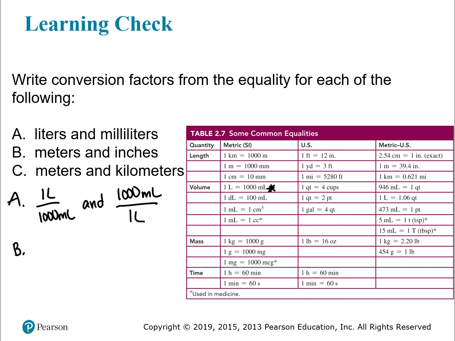B, we're going from meters to inches, so we're going metric to US. That one's right here. 1 meter is equal to 39.4 inches. Write one fraction, and don't forget your units. If you don't have units here, then it's not a conversion factor.